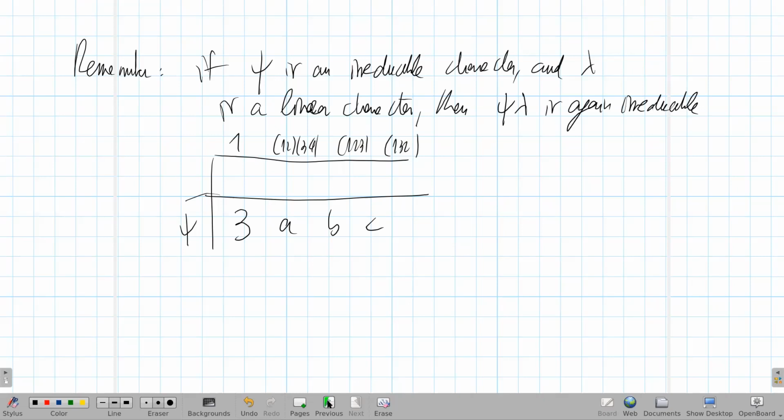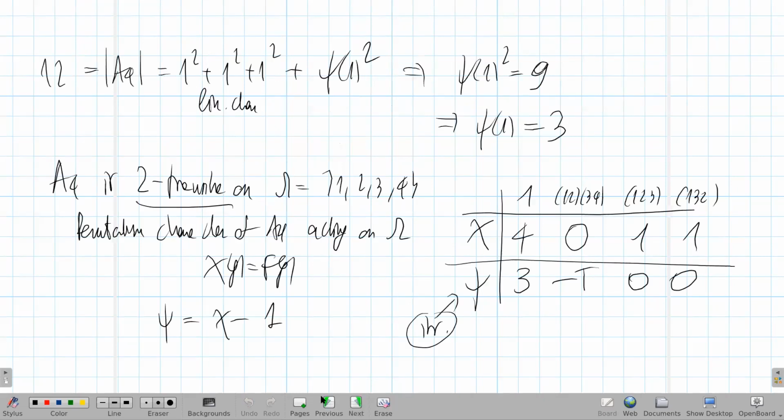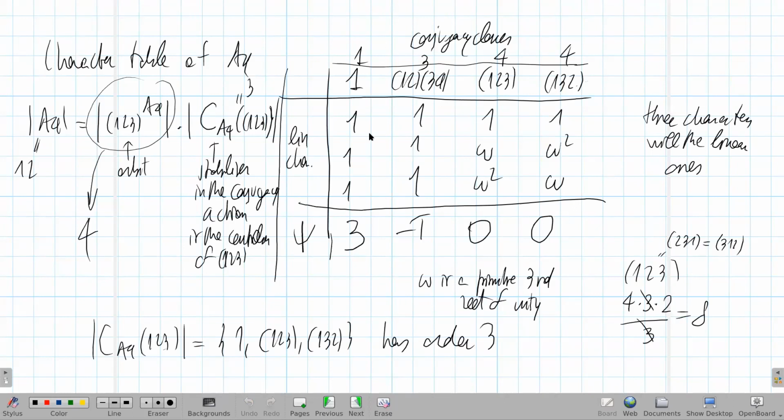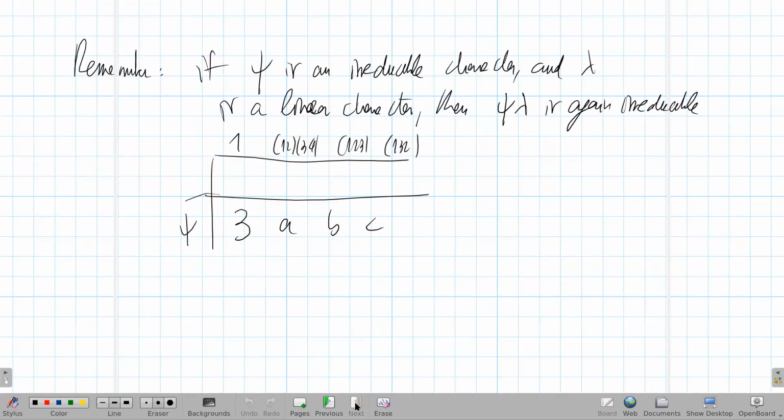Of course, if you multiply by the trivial character, you get the same character, so no information. But if you multiply by this one, you obtain the product 3, a, omega b, omega squared c. This is again another irreducible character.